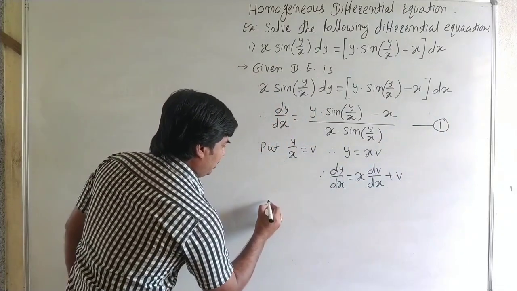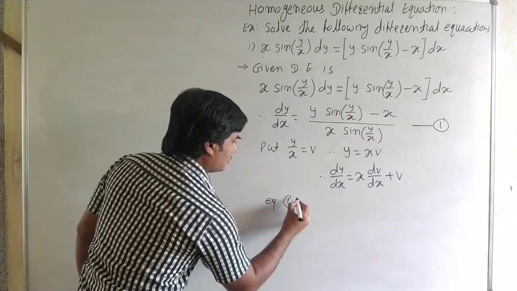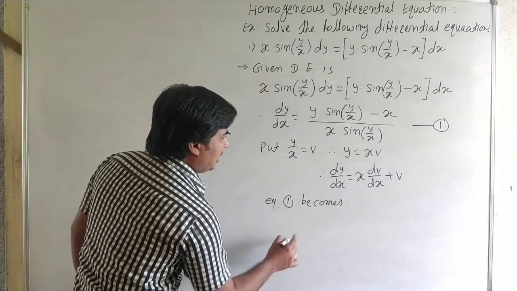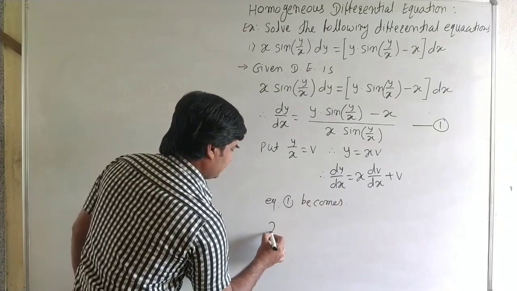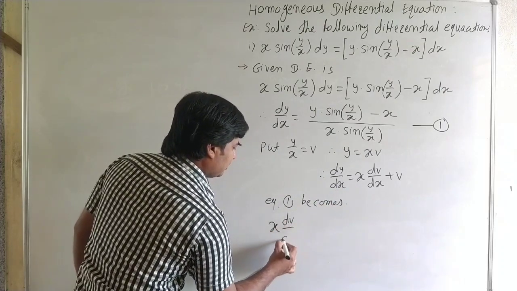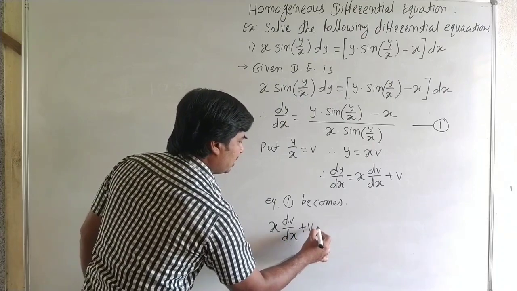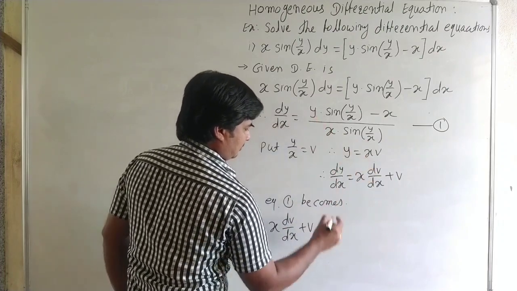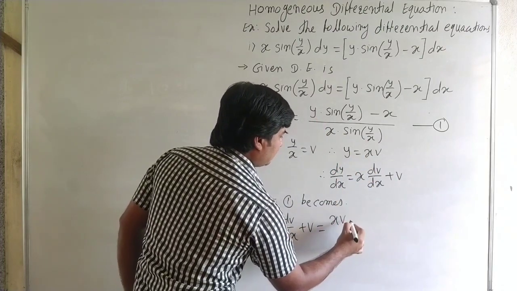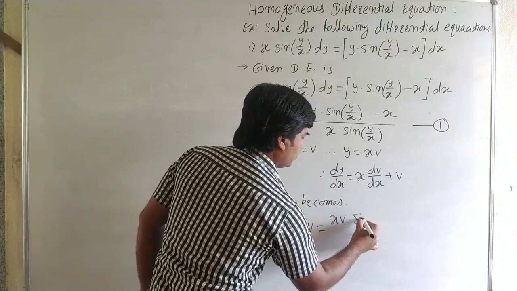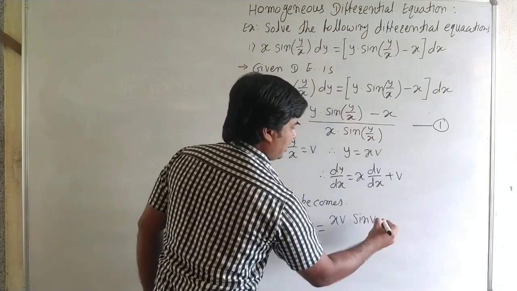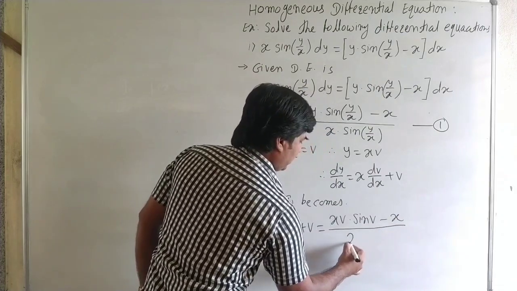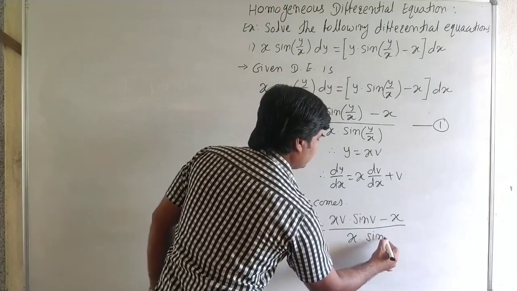Now the equation 1 becomes x into dv by dx plus v is equal to, see carefully, here y is equal to xv, so v into sin v minus x upon x into sin v.